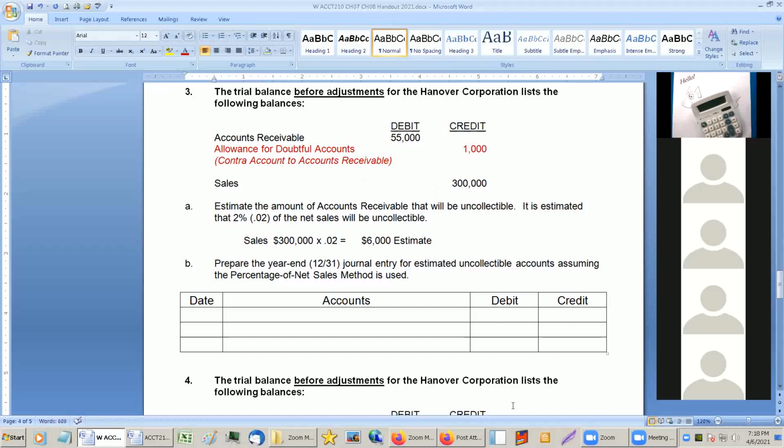And again, the reason we have to do this is we do not know who is not going to be able to pay. If we knew who it was, we'd just write off their account, but we don't know who it is.